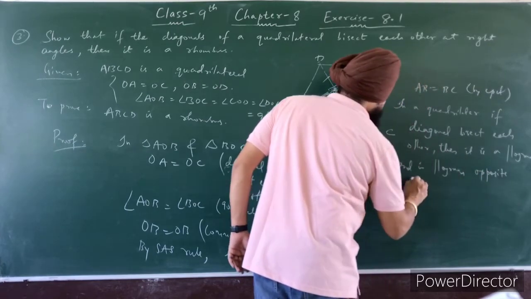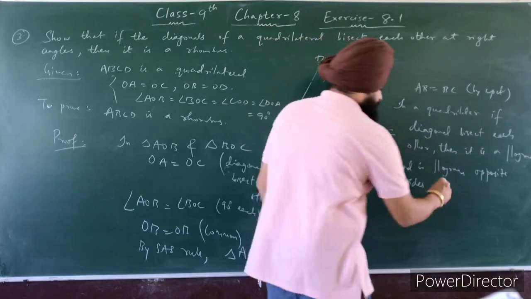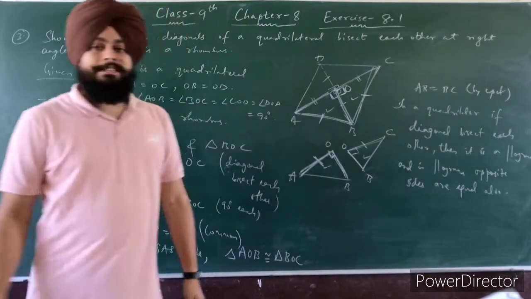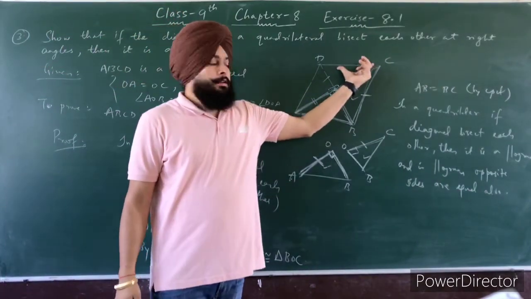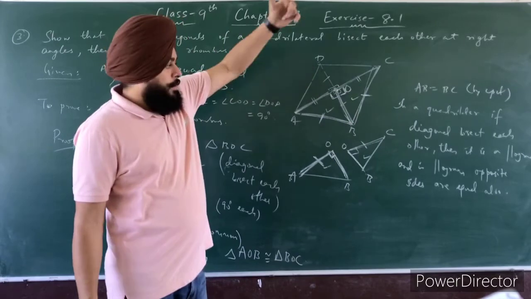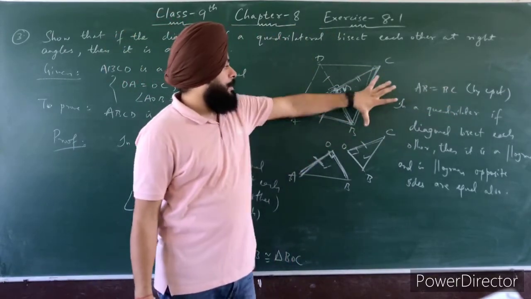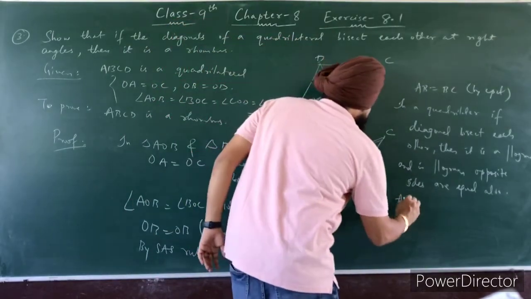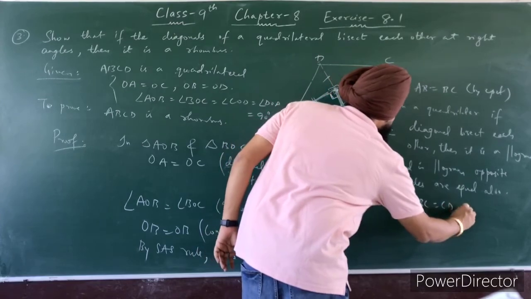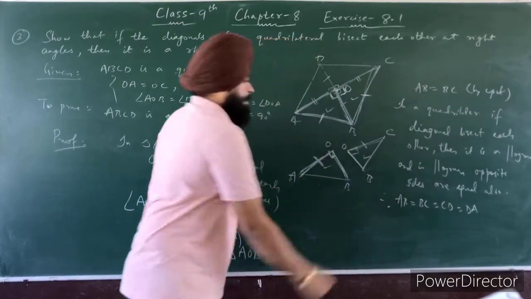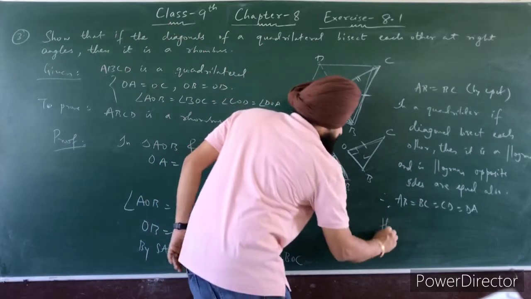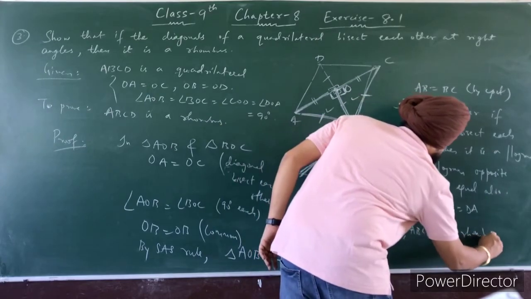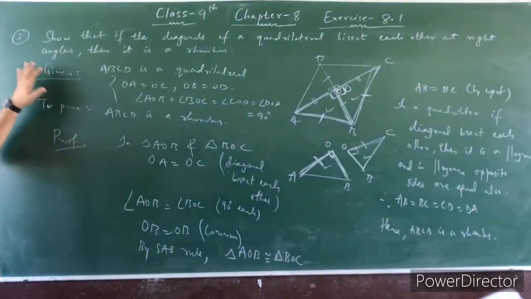So if opposite sides are equal, then AB is equal to CD and BC is equal to AD. We already proved that AB equal to BC. It means all of the sides are equal. AB equal to BC equal to CD equal to DA. Hence ABCD is a rhombus. So this is your question number 3.